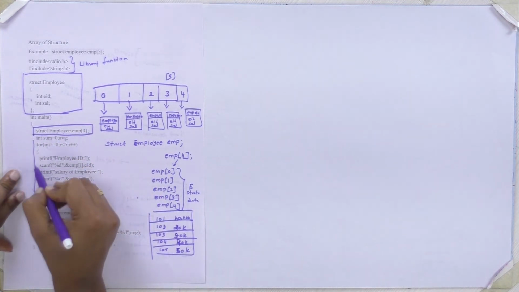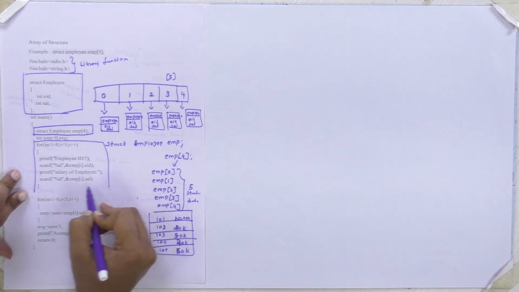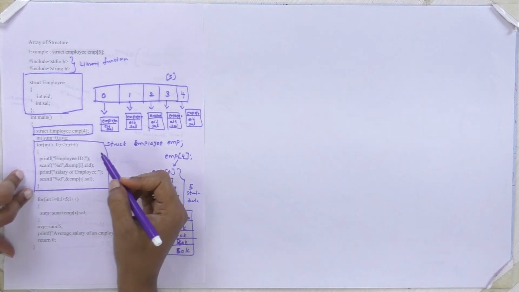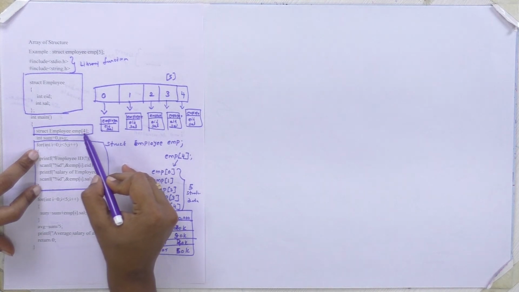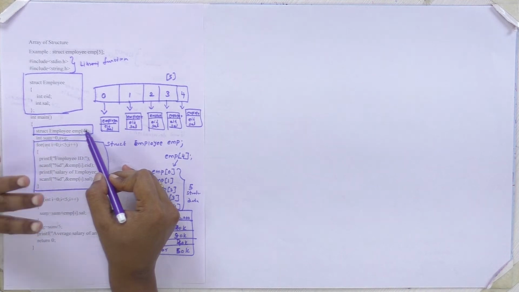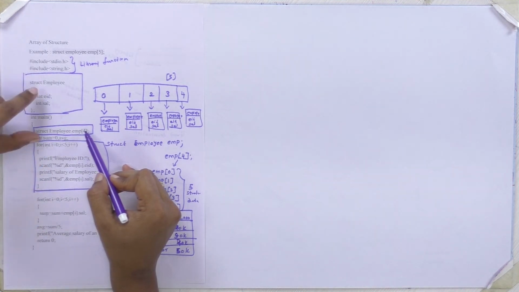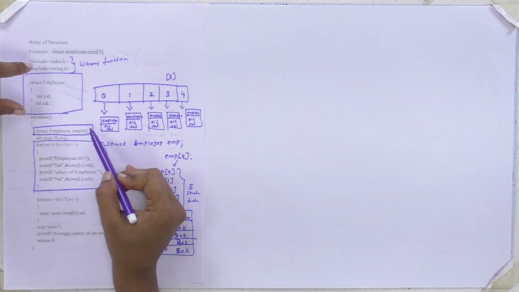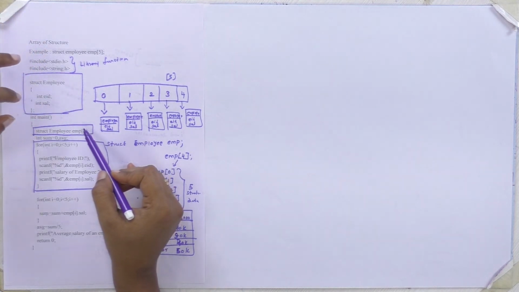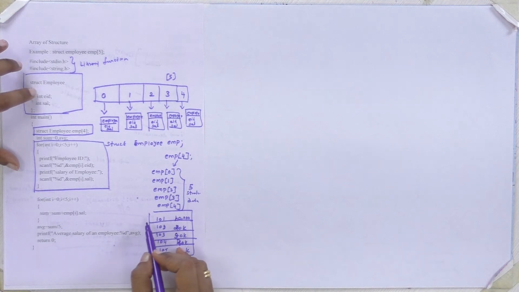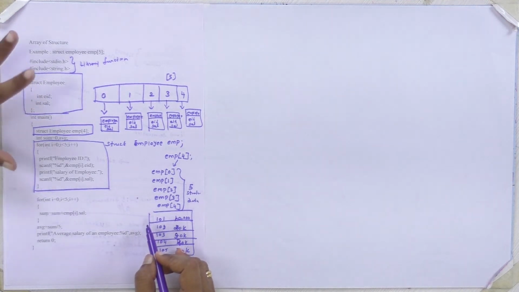Next, I'm going to read data from the user. It will store 5 values, which means 5 structures because it is an object of the structure. It will store 5 copies of employee ID and salary.